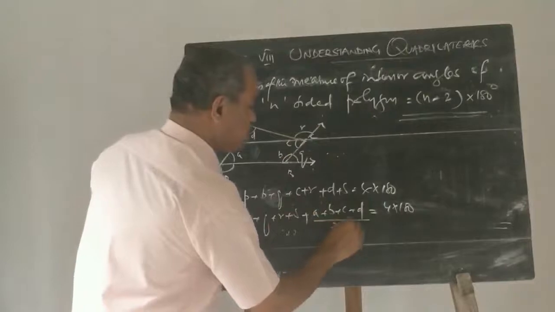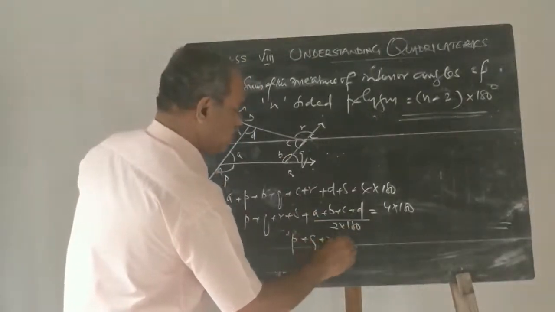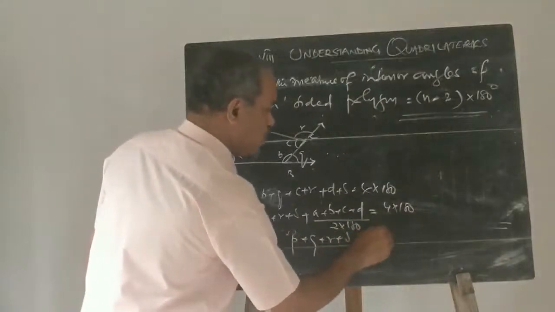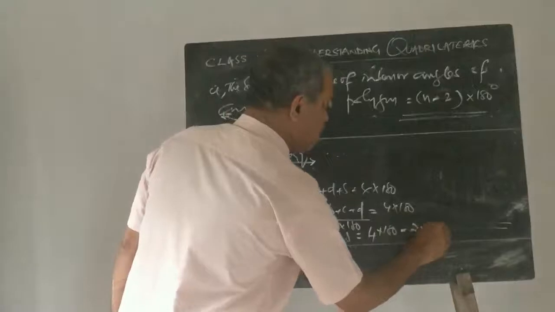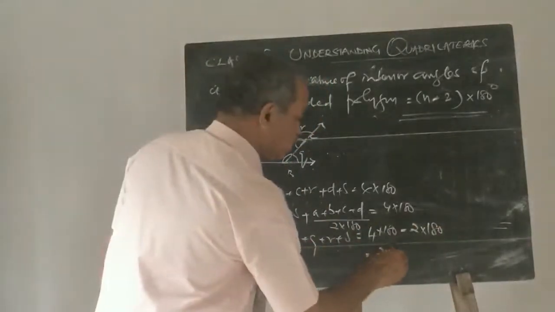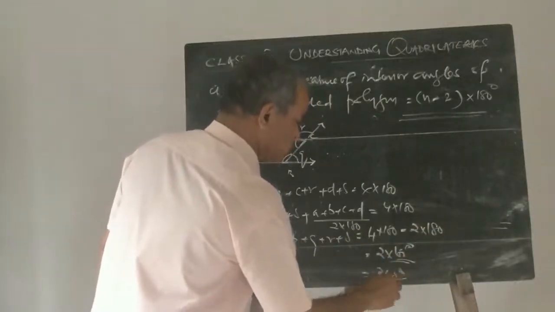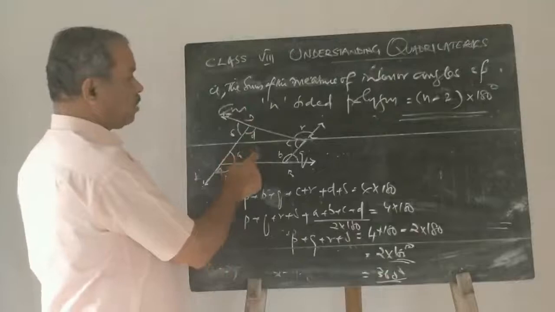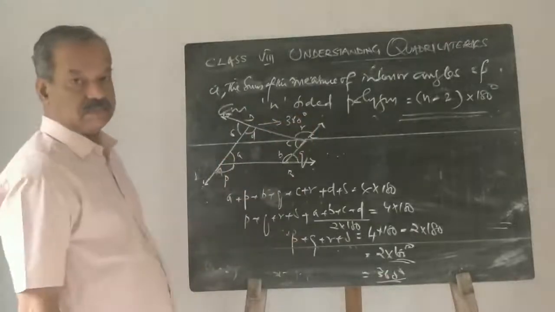So P plus Q plus R plus S equals 4 times 180 minus 2 times 180, which is 360 degrees. So for a quadrilateral also, the sum of the exterior angles is 360.